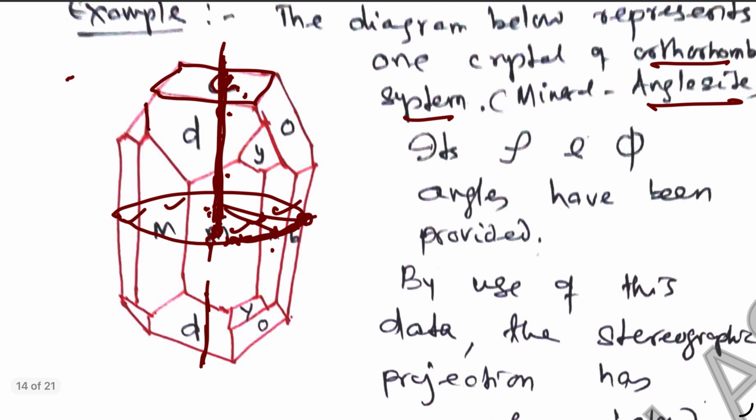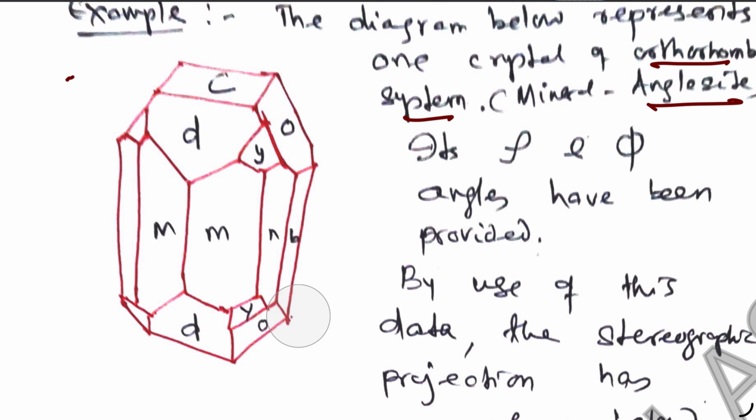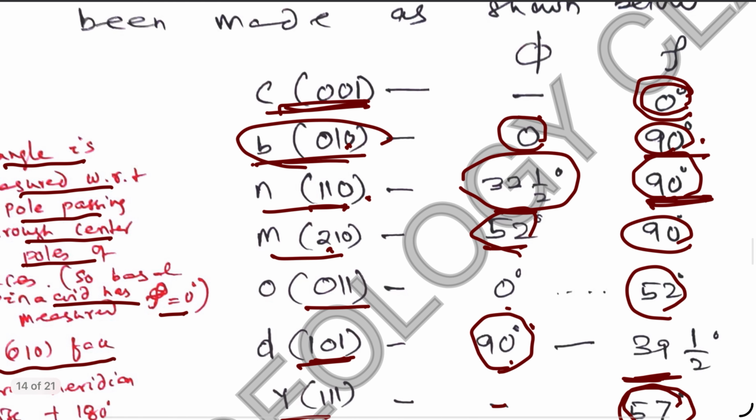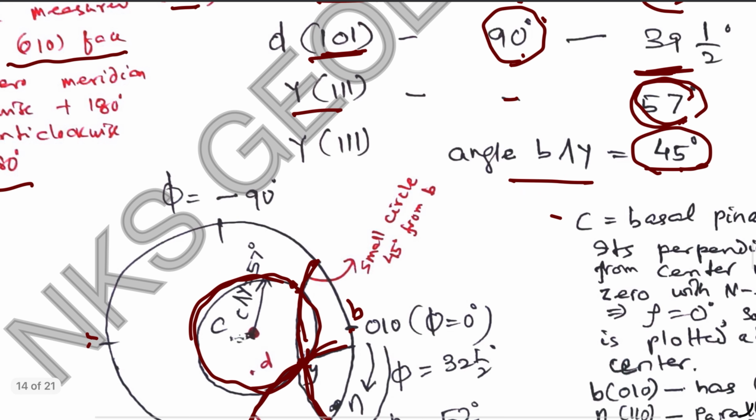That's why for them we make use of the circles. We determine the angle between these faces, because this face we know is occurring in the primitive circle.